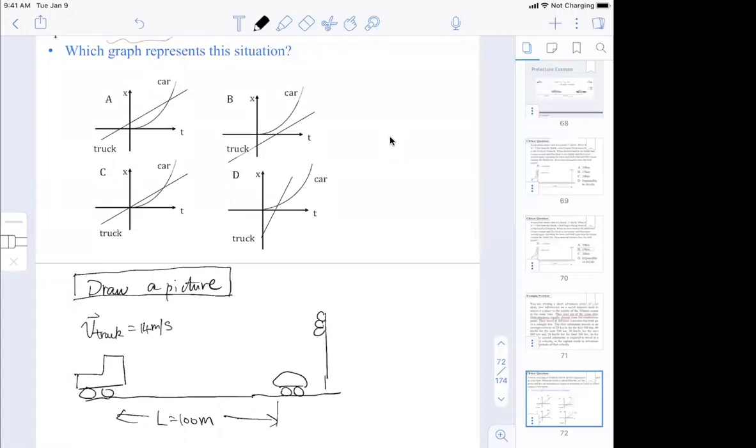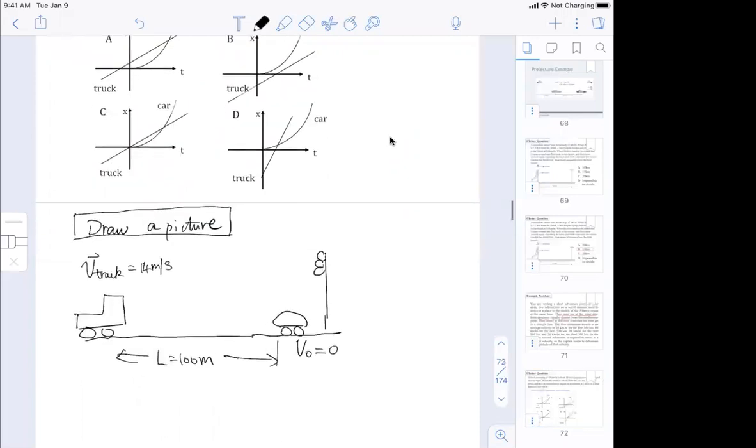The car right now is stopped, so the initial velocity of the car is 0. That is given. We're also given the acceleration of the car, which is 2 meters per second squared. That's the information given in your problem statement.